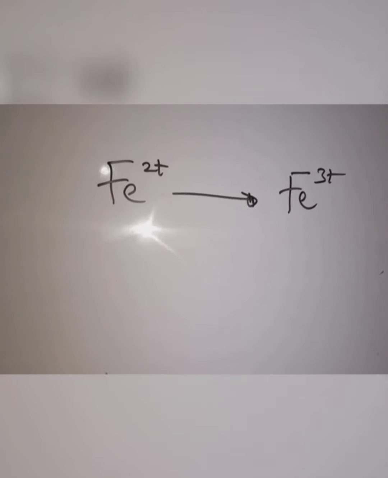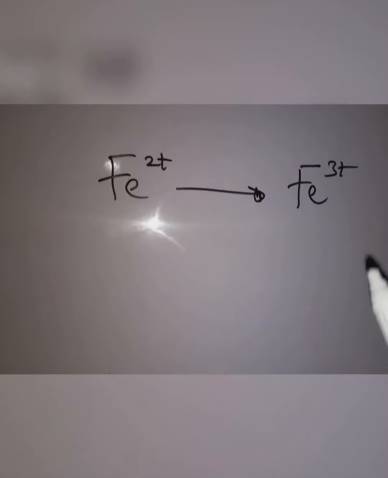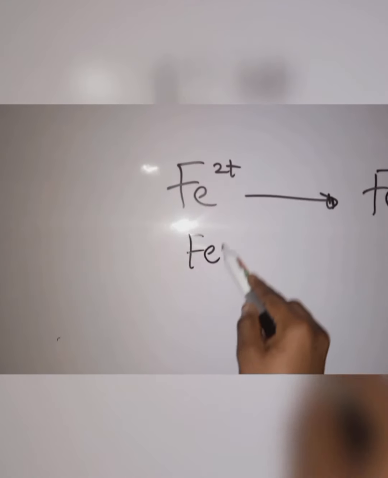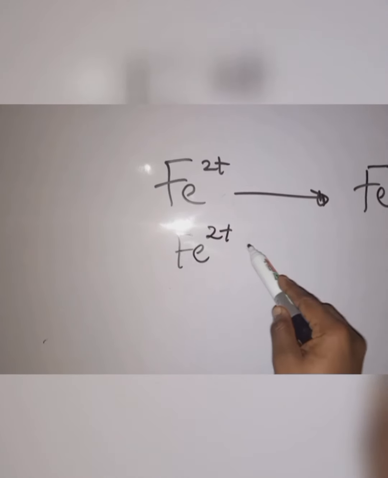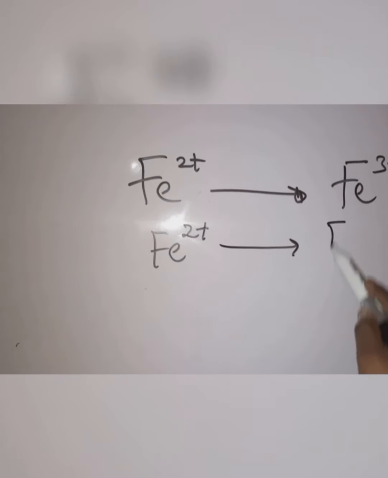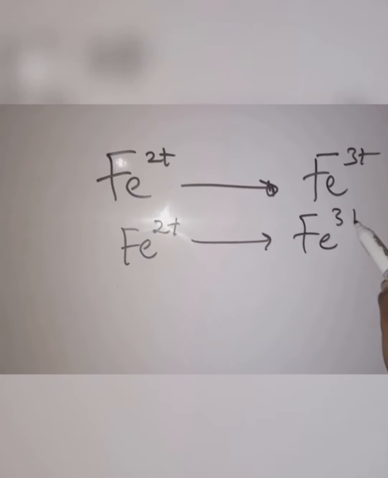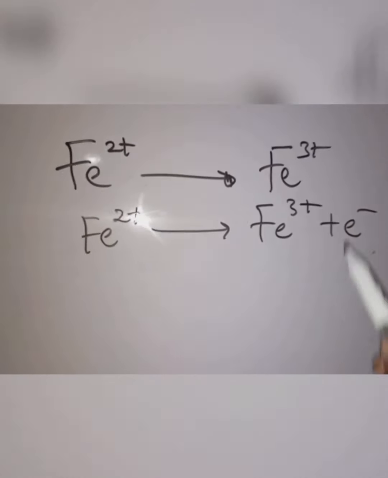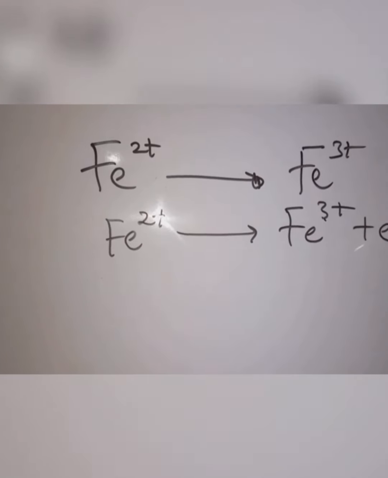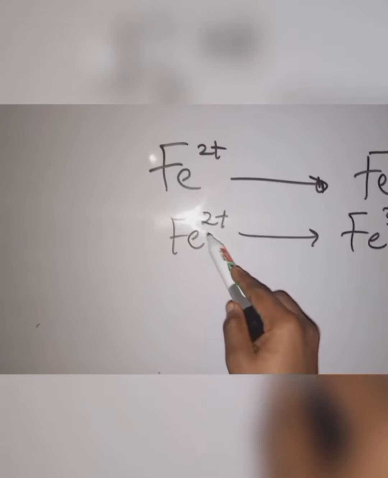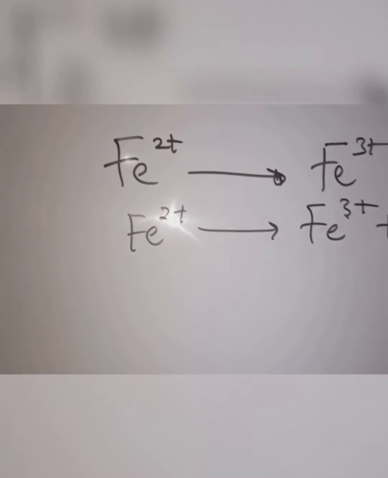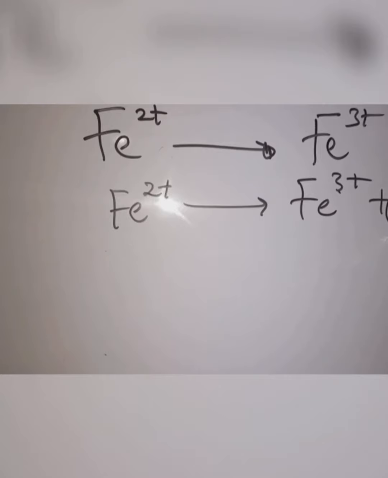So for this to be balanced, this is what is going to happen. 3 minus 1 is 2, so it has to be balanced on both sides. So 3 minus 1 gives you 2, and this is 2, so 1 mole of electron is lost.